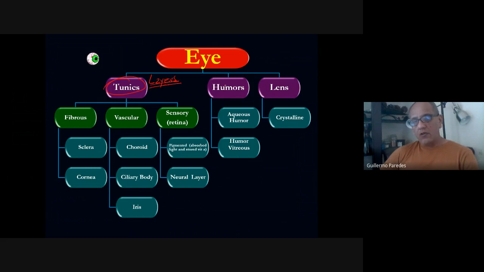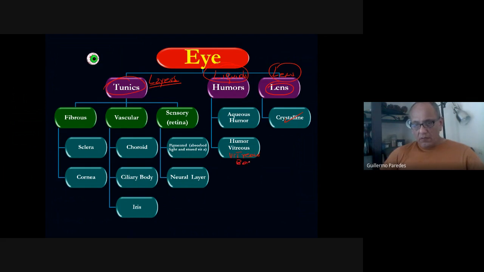We have the humors, which are actually the liquids of the eye. And other structures that cannot be classified as liquid or layers, which is the lens. Lens is the same as crystalline. Humors are fluid: aqueous humor and vitreous body. Humor vitreous is better called vitreous body.